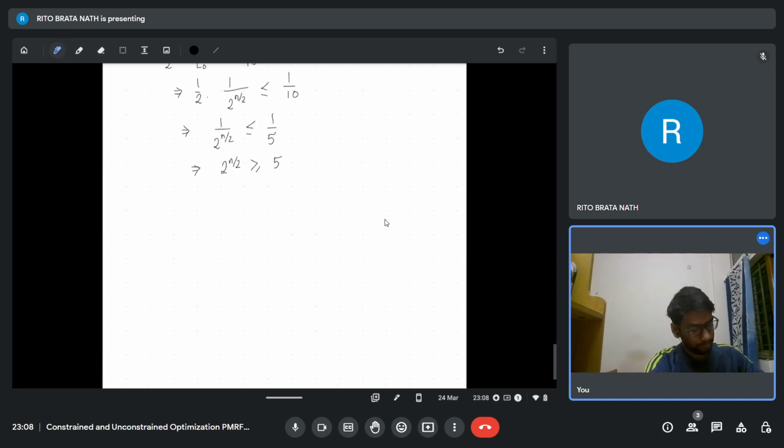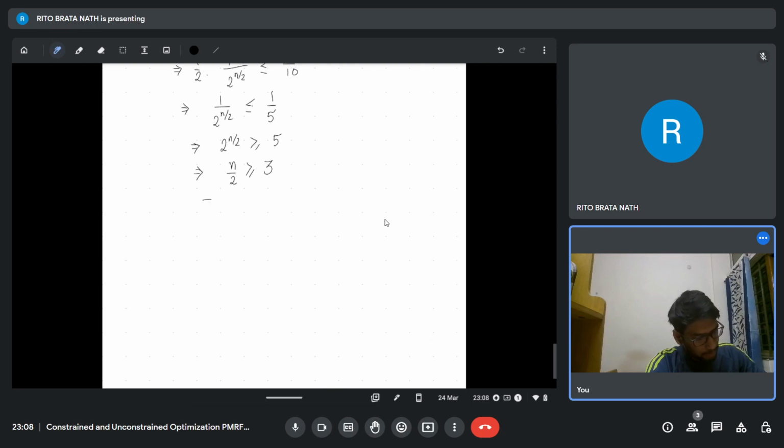You know that n will be an even number, so n by 2 is greater than or equal to 3 here. 2 squared won't be sufficient; 2 cube will be sufficient, right?